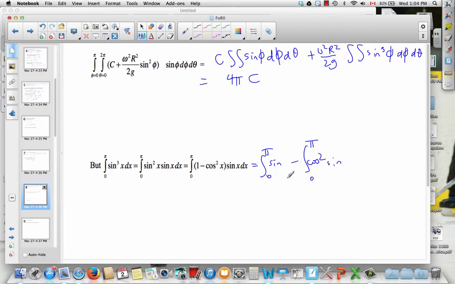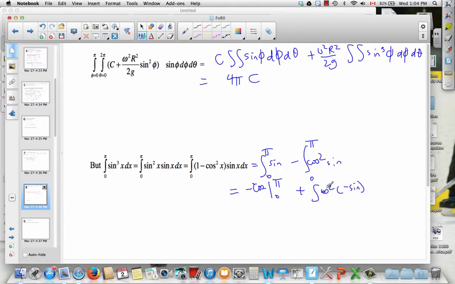Now this one just integrates directly. The integral of sine is negative cos from 0 to pi. With this one, we need to take another step. I'm going to bring the minus in and join it with a sine. And now this is like a u squared du because the derivative of cos is negative sine.